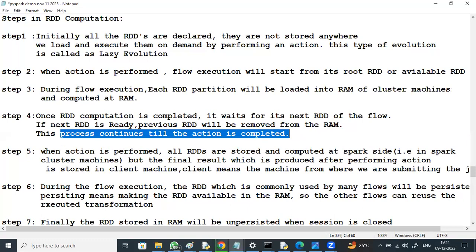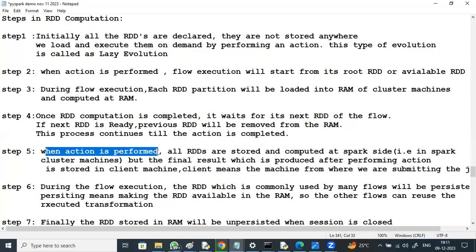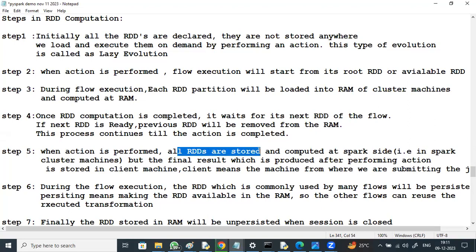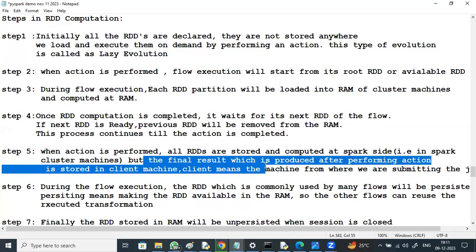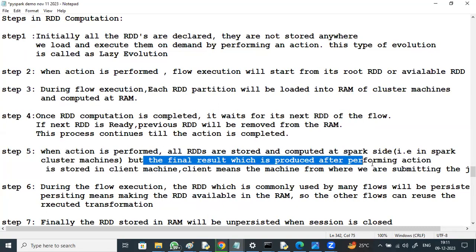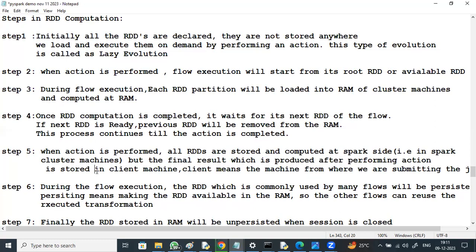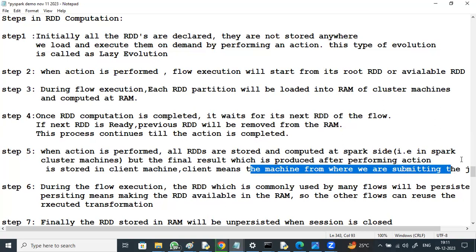When an action is performed, all RDDs are stored and computed at the Spark side, that is, on the Spark cluster machines. But the final result produced is stored in the client machine, meaning the machine from where you are submitting the job.